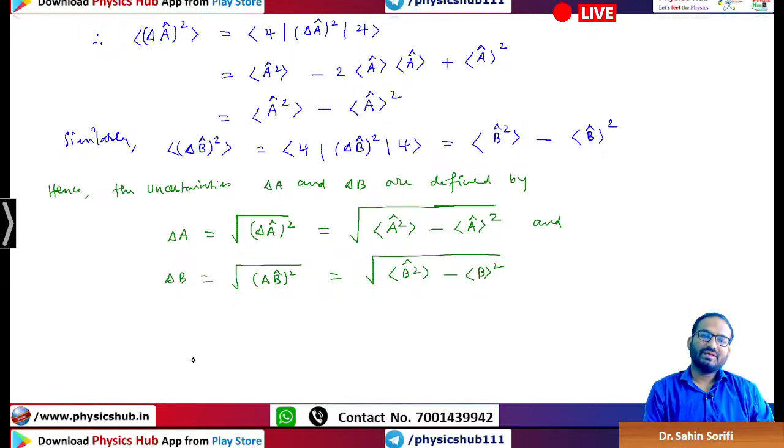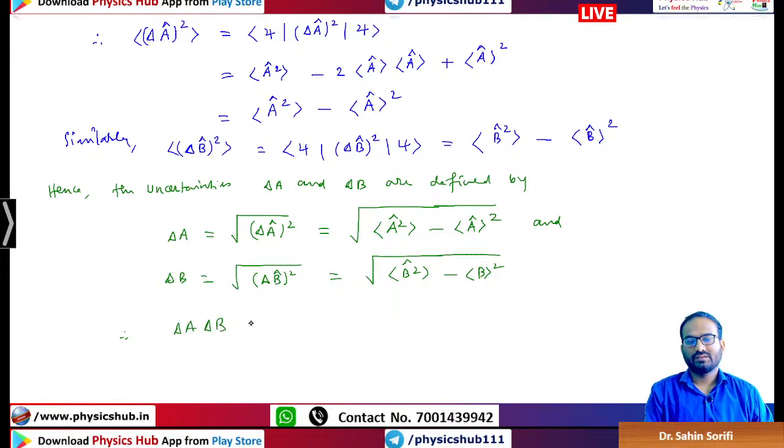And from this we can get back the general uncertainty relation, which we have told you in the uncertainty class, that delta A square delta B square is greater than or equal to 1 by 4 times the expectation value of minus i into the commutator of A and B, whole square. So that thing you can get by doing a little bit of calculation.